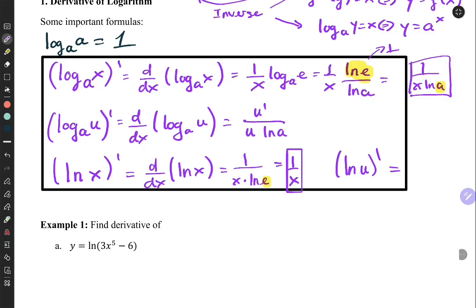That's also one of the very easy formulas to remember: the derivative of natural log. This is the one you're going to see very frequently because it is the most common base.